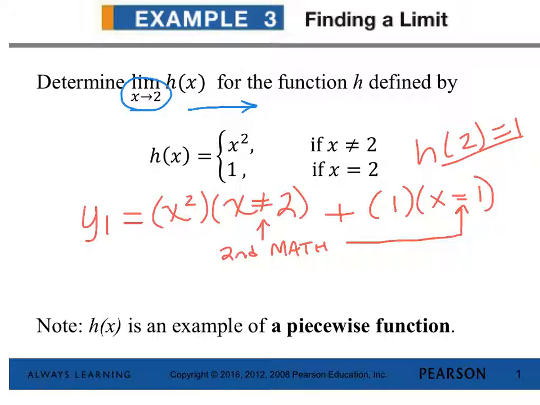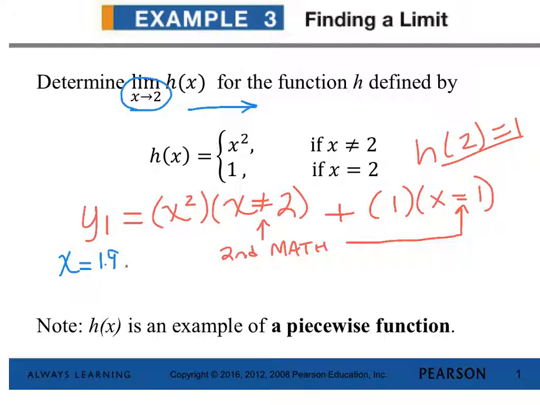So, in order to approach negative 2 from the left, we're going to start out with x is equal to, or excuse me, we're approaching 2, not negative 2. So we're going to start out with x is equal to, since we're going from the left, 1.9.